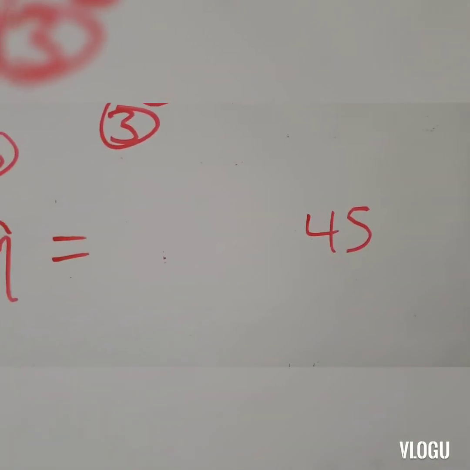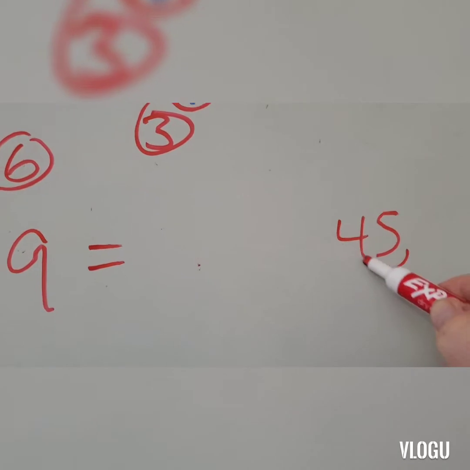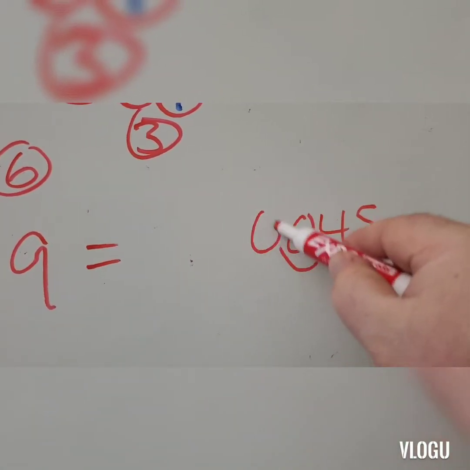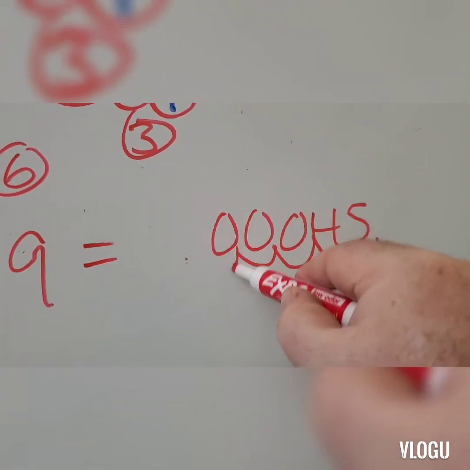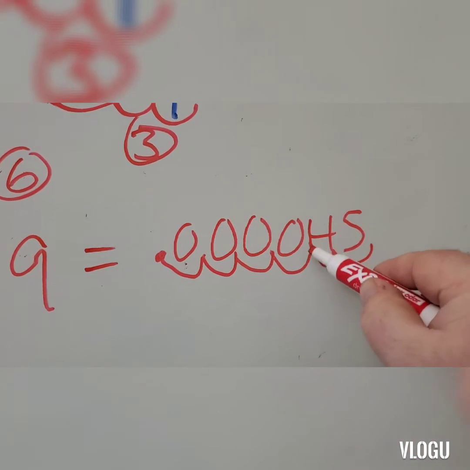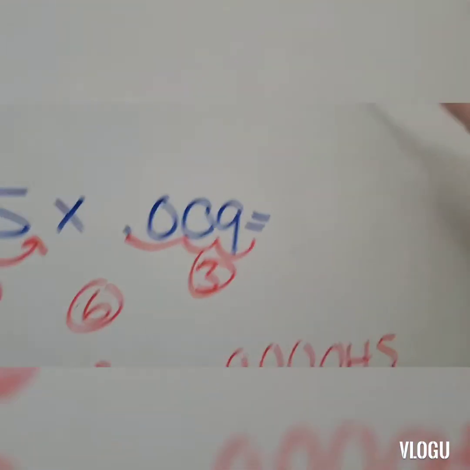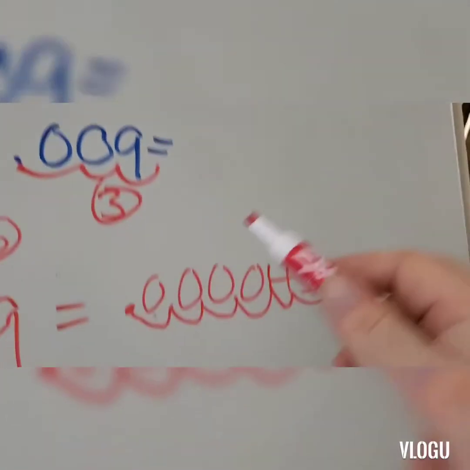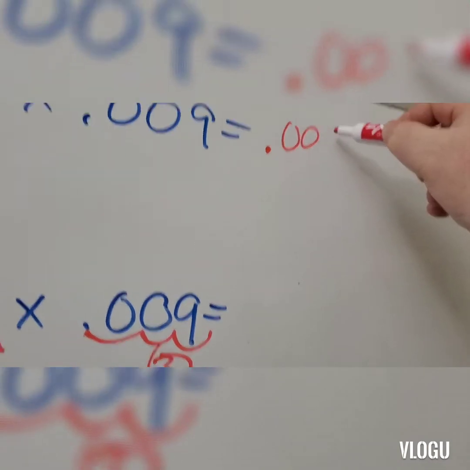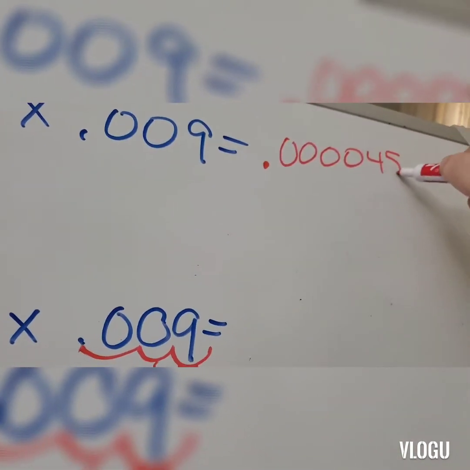So my answer has to slide the decimal back 6 spots. 1, 2, 3, 4, 5, 6. So my answer is a decimal, 1, 2, 3, 4 zeros, and a 45.